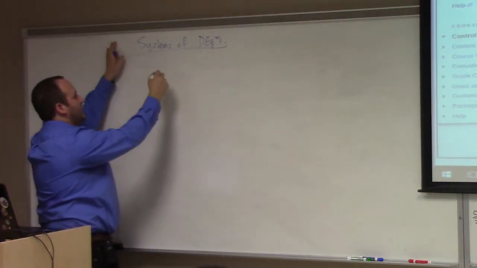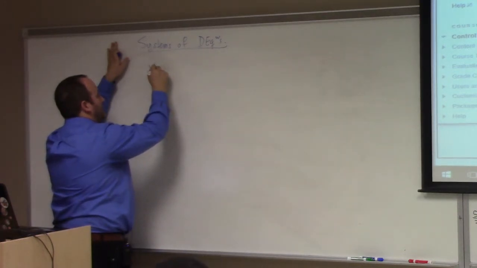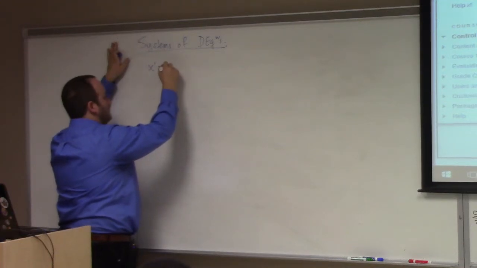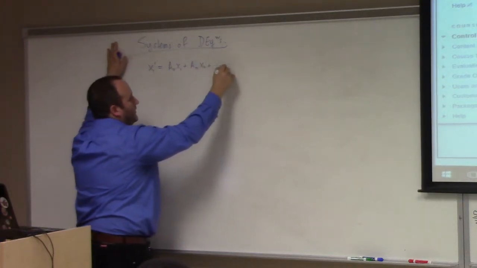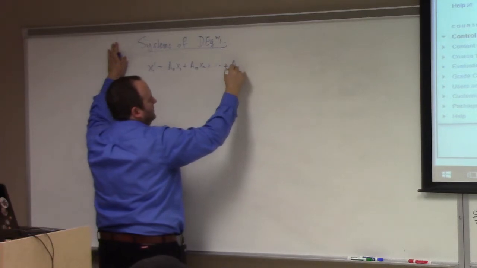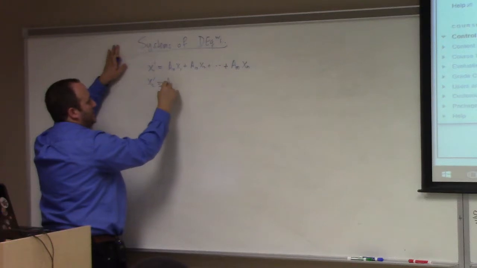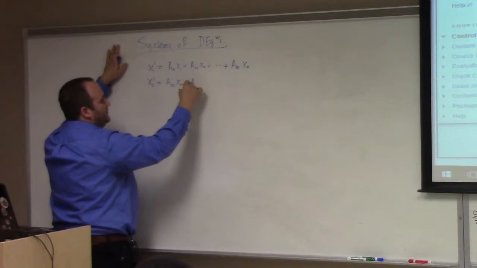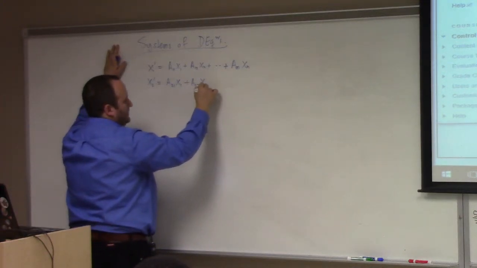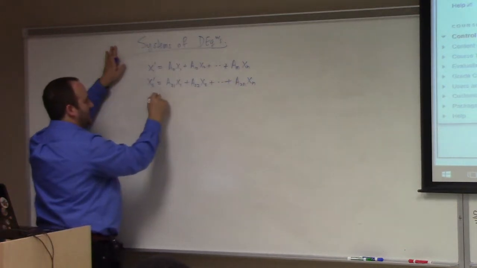If we have something like, say, x1 prime is a11 x1 plus a12 x2 plus a1n xn, and we have x2 prime is a21 x1 plus a22 x2 plus a2n xn, and so forth and so on.